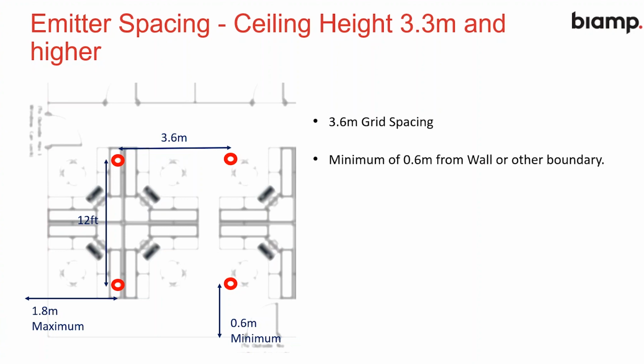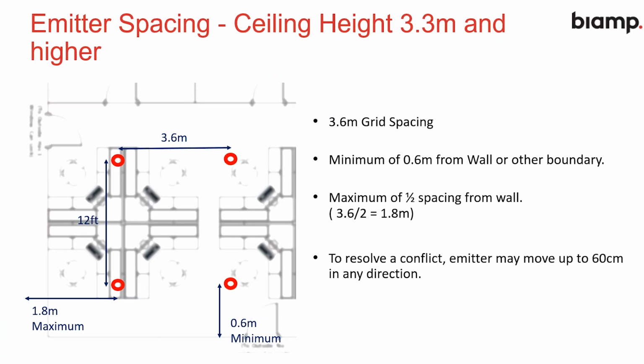We have a minimum of 0.6 of a meter from the wall or another boundary. We have a maximum of a half spacing from the wall, so that is 1.8 meters maximum. And again, we can move any emitter 60 centimeters in any direction without conflict.